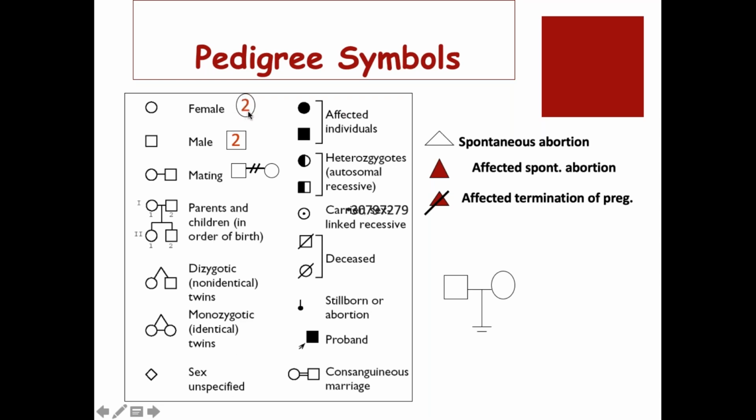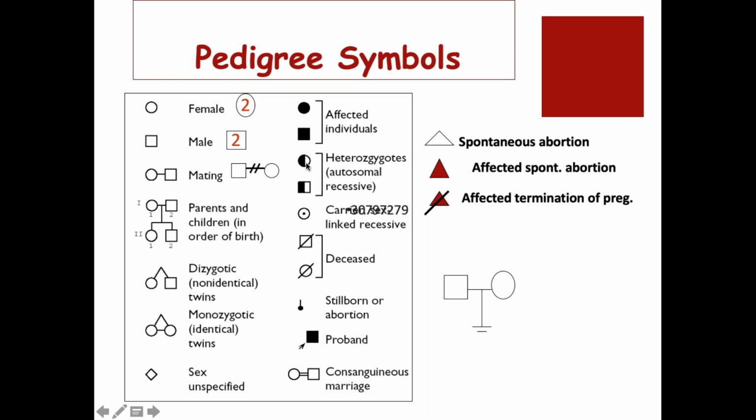And if you write 2 here, that means there are 2 female children, 2 here, 2 male children. So ideally you should write the age, and also you've already written the sex and the number of individuals. Now whenever you shade this, it indicates that these individuals are affected, right?